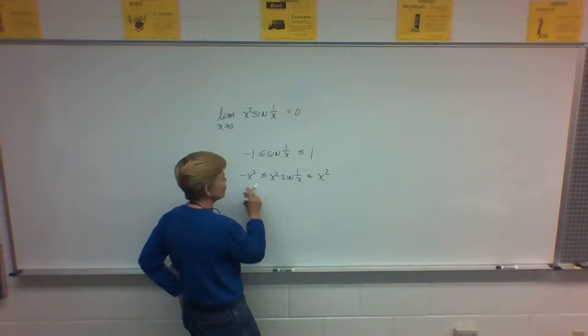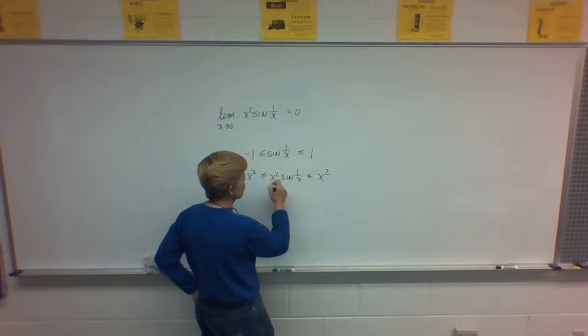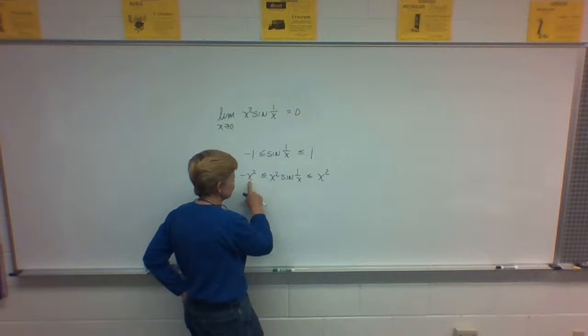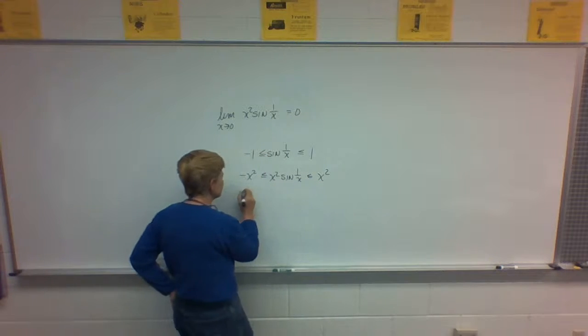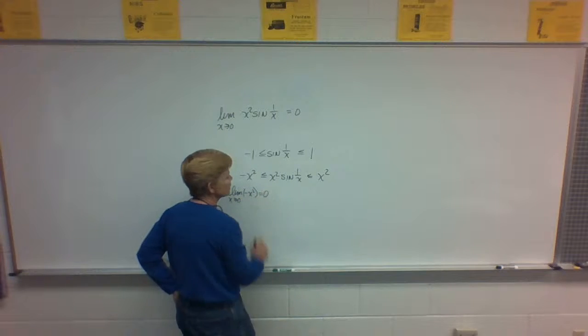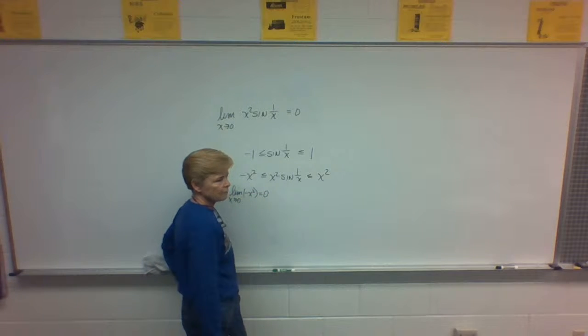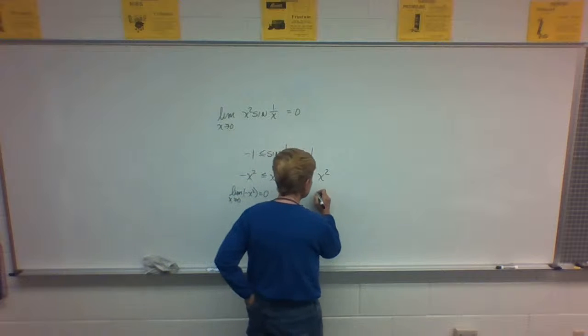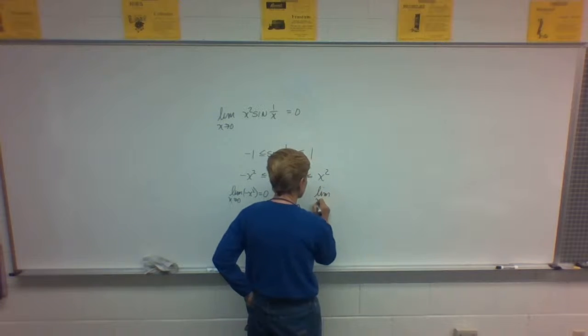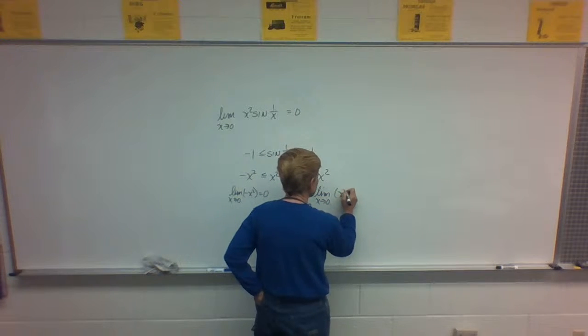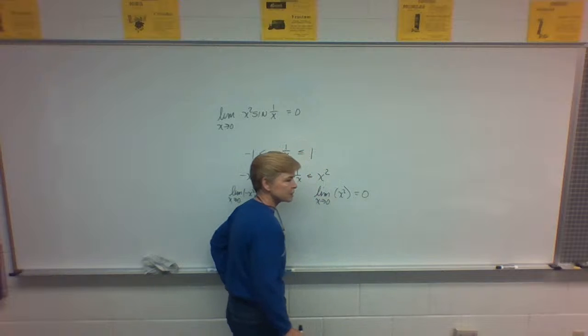So this is the next step. Once you build it up so that this is the function that you're trying to limit, and you've built it up on all 3 pieces, then you do this over here. You take the limit as x approaches 0 of -x squared, and you know what that is, direct substitution. Yeah? Take the limit of the right side as we approach 0 of x squared. That's also 0 by direct substitution.